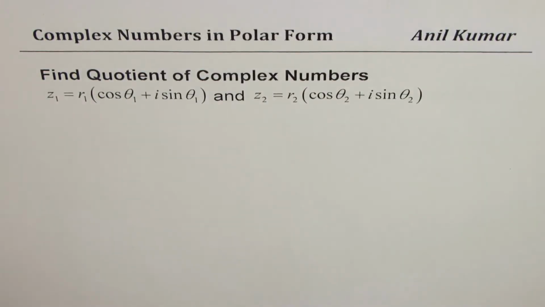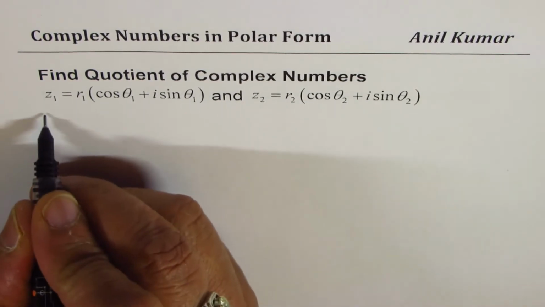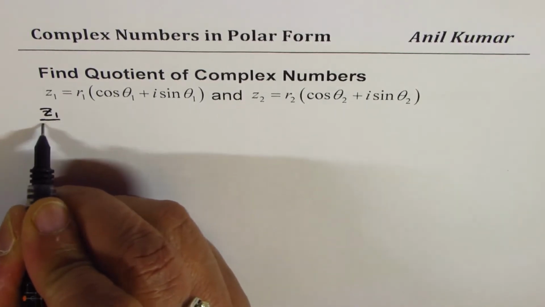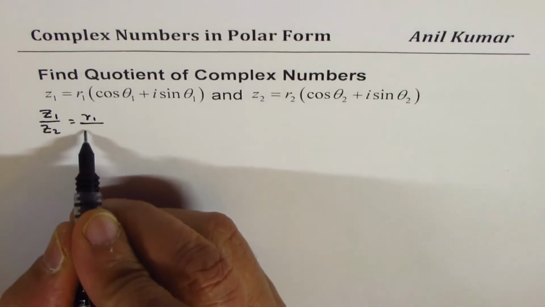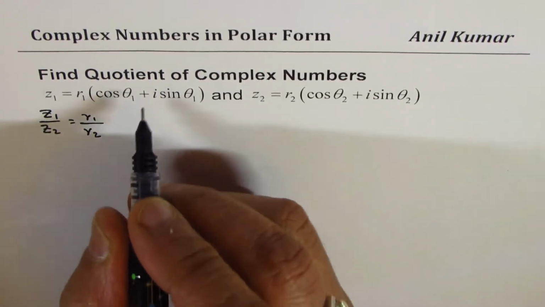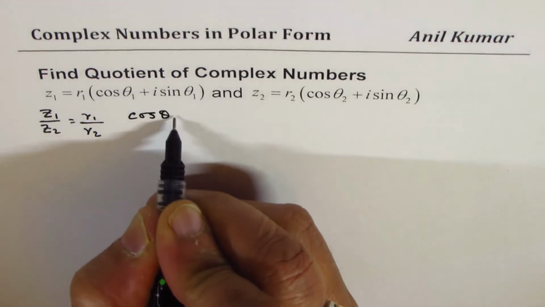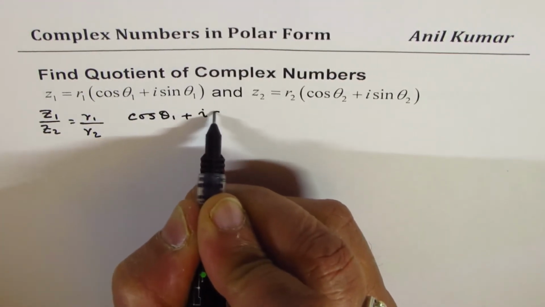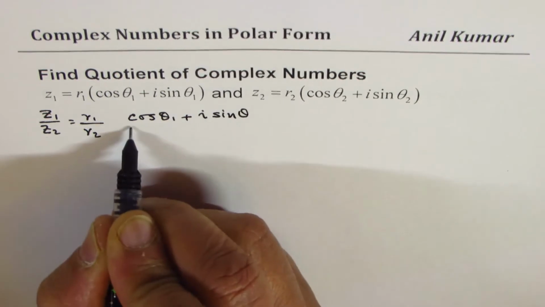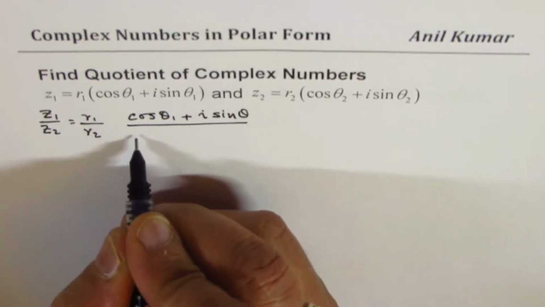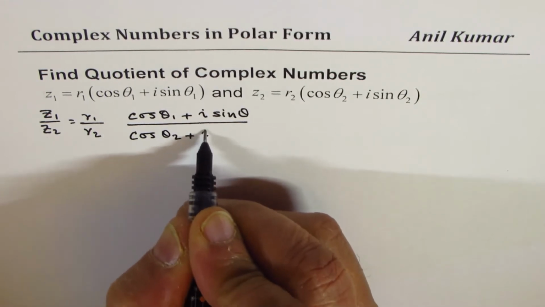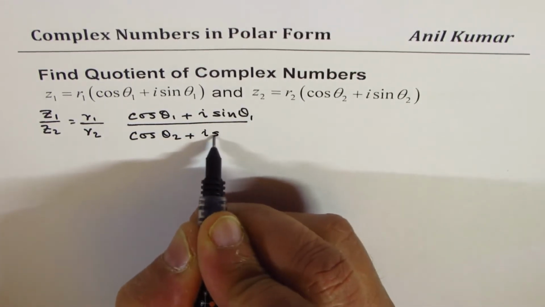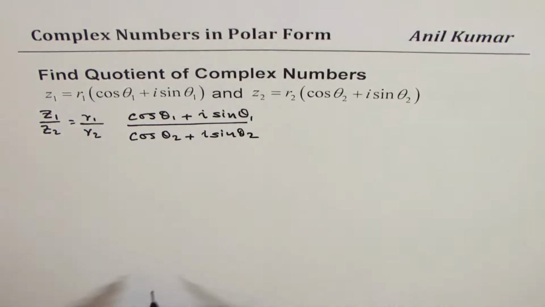So now we'll do the quotient form. If I divide one by the other, I get z1 over z2 equals r1 over r2, and the numerator we have cos theta 1 plus i sine theta 1, over the denominator cos theta 2 plus i sine theta 2.